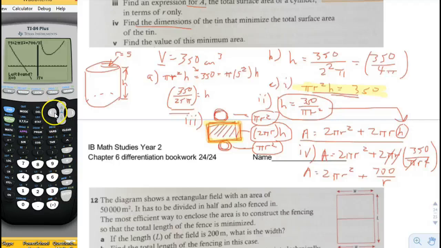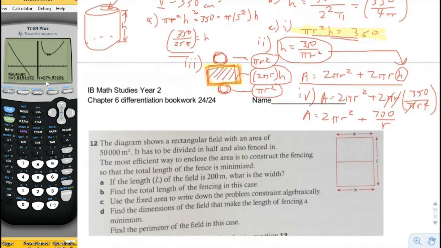And we're going to find the left bound, this point, compared to the right bound. And it tells us the minimum would be 3.82 for x and 275 for y.